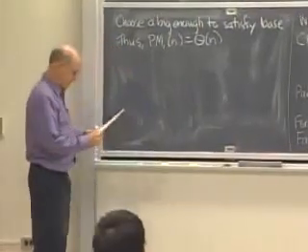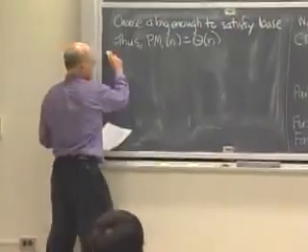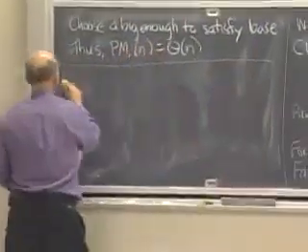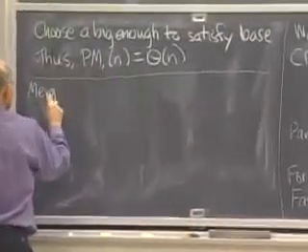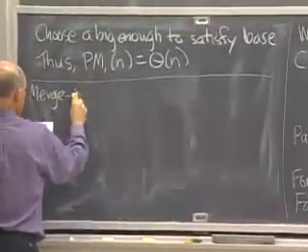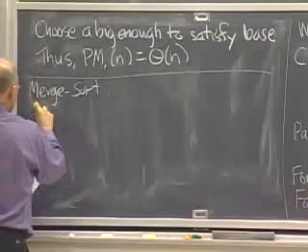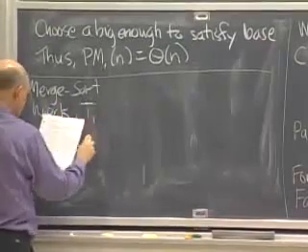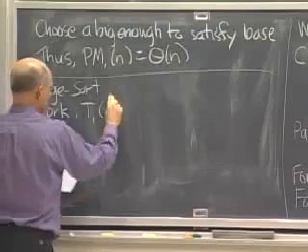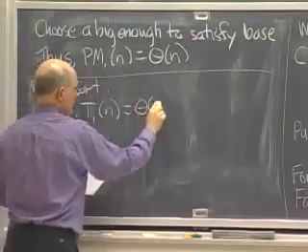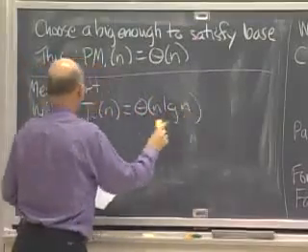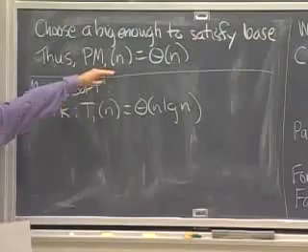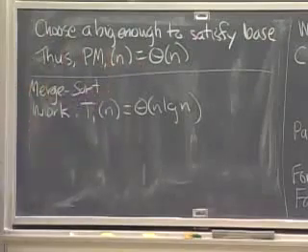So let's do the analysis of merge sort using this. The work T1 of n is theta of n log n, because our work that we just analyzed was order n, same as for the serial algorithm.